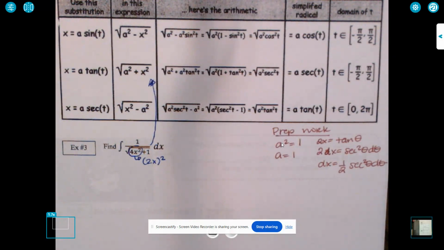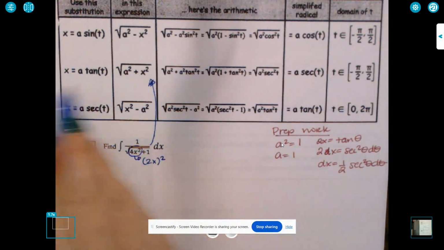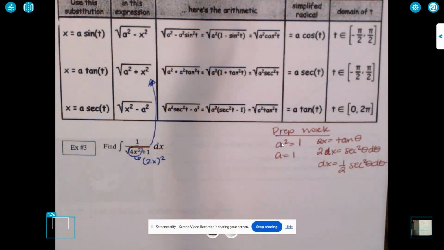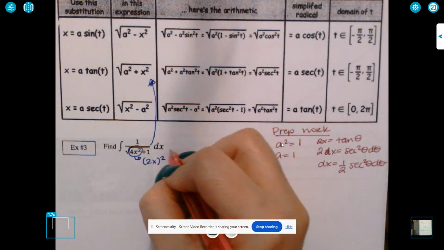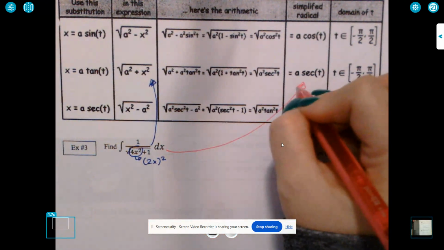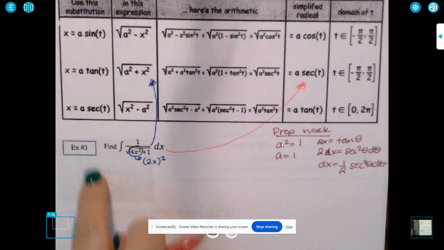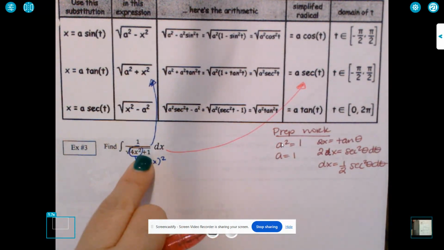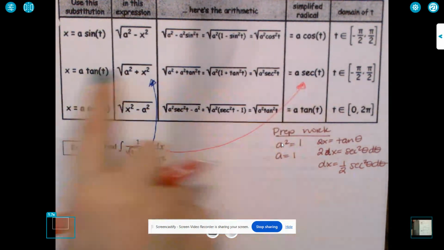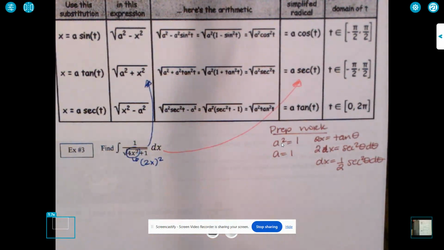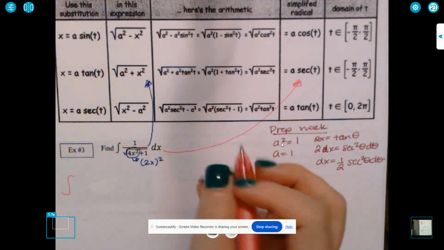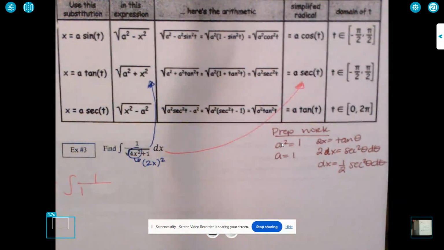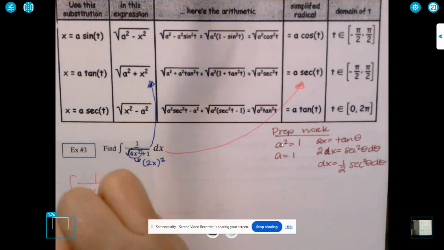Okay, and if you look here, so now when we decided that we were using this row, right, this whole thing here is going to simplify to this, is what they're saying. So we can simplify the square root of 4x squared plus 1 to a secant theta. So in that situation, we're going to come down here. So we're going to take the integral of 1 over our a is 1 secant theta.